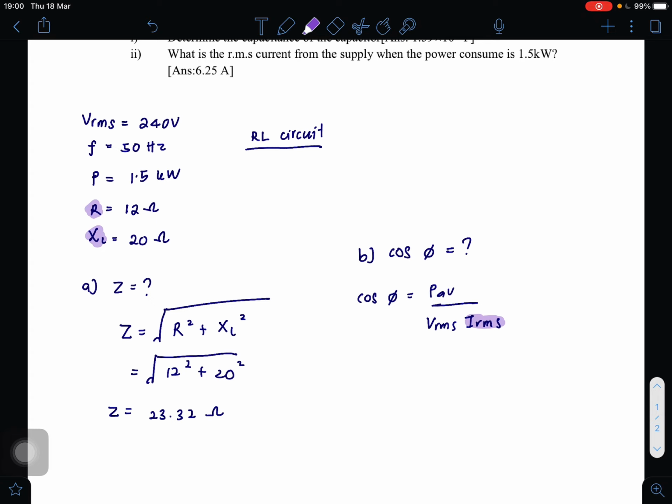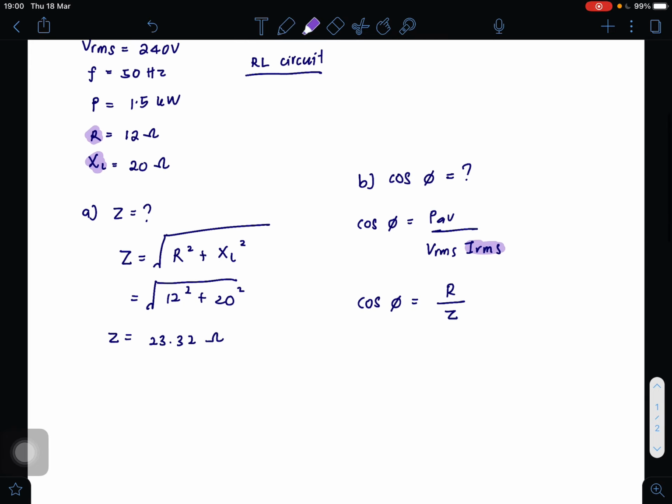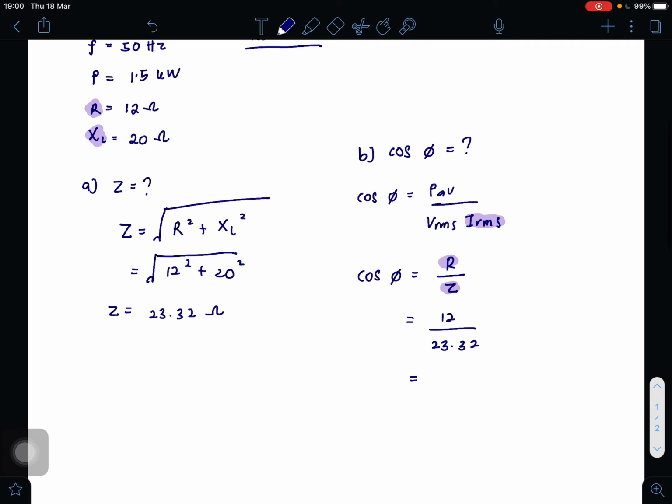So kalau kita tidak ada value ni, we have another formula, which is cos phi is equal to R divided by Z. So kita ada value untuk resistance and impedance, so we can find power factor using this formula, which is 12 divided by 23.32. So power factor will be equal to 0.515.